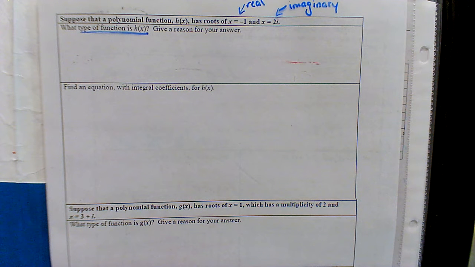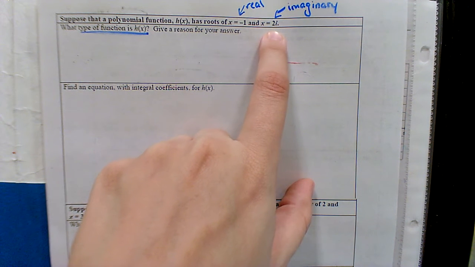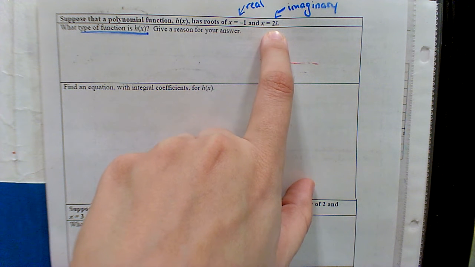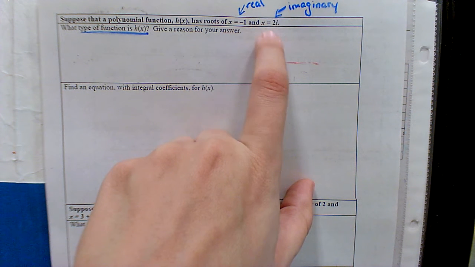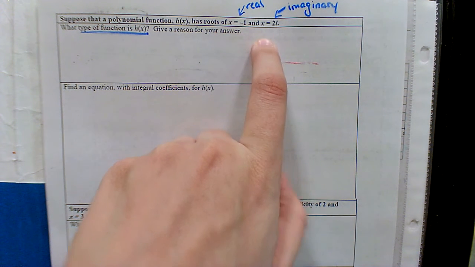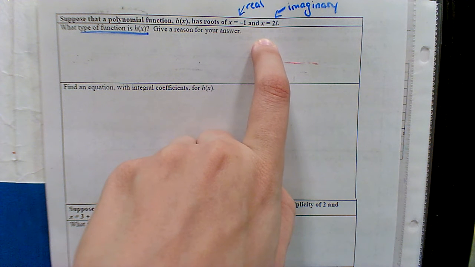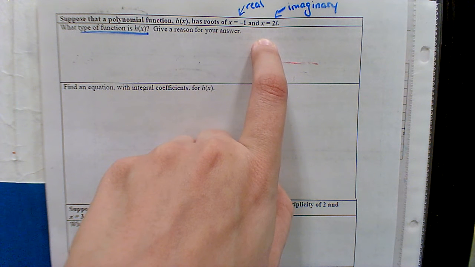So you would think it's quadratic. That's a good guess. Why cubic? Imaginary numbers show up in pairs. Okay, so if they give us one imaginary number, we should be able to figure out what the pair would be, right? Didn't we try that last week with the whole plus or minus?